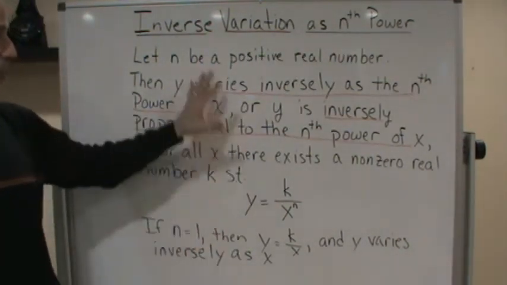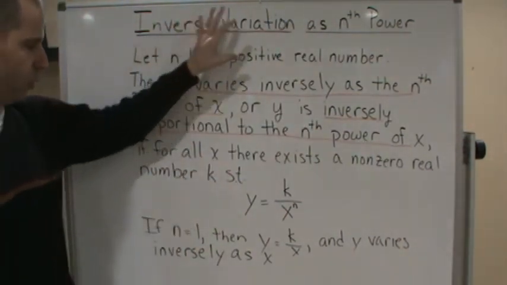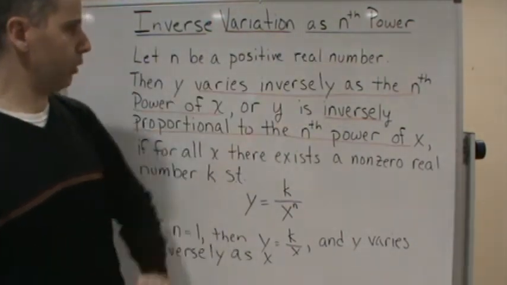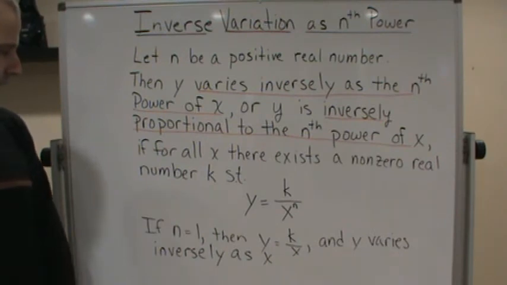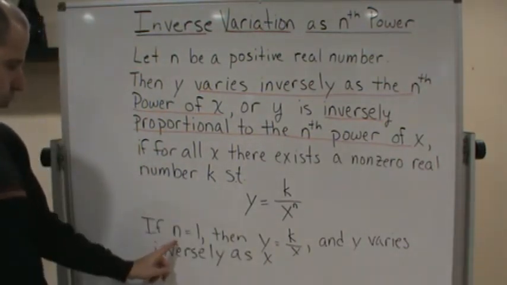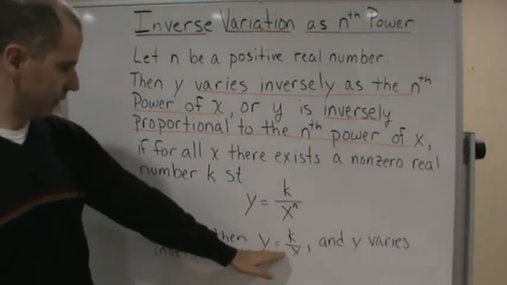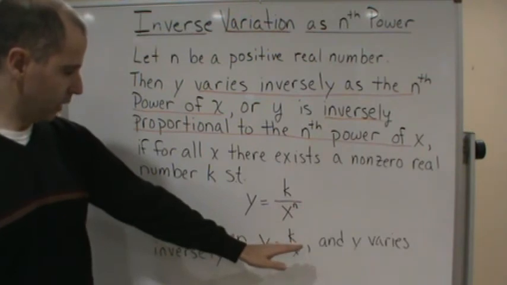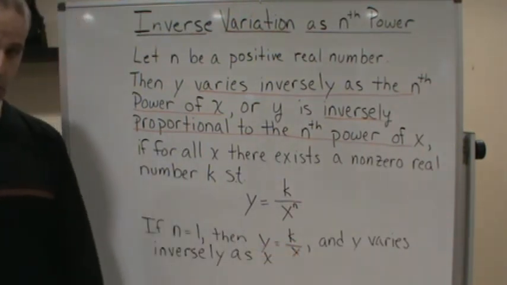This is more general. This is the more general definition of inverse variation to some power of x, and this one here is just the specific case if n is 1. And so we would say that y varies inversely as x, or y is inversely proportional to x.